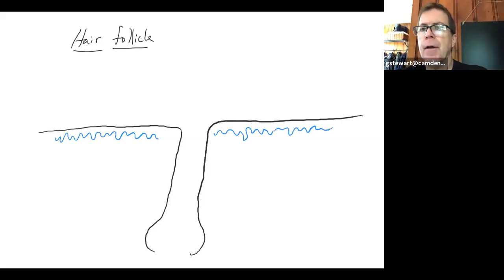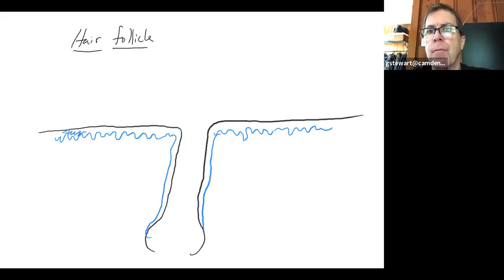However, around the wall of the follicle itself, epidermal tissue continues to surround the follicle like this. So everything in blue is epidermis, and epidermal tissue surrounds the follicle deep down into the dermis.